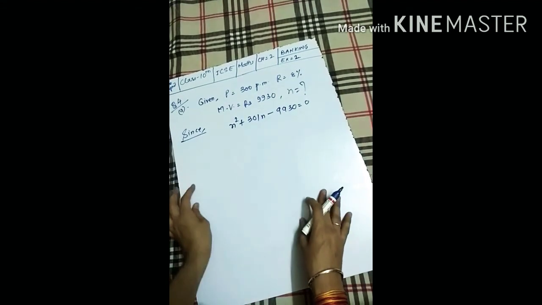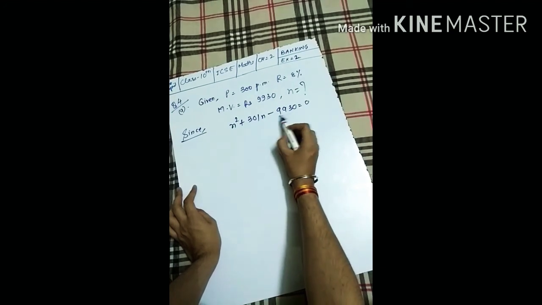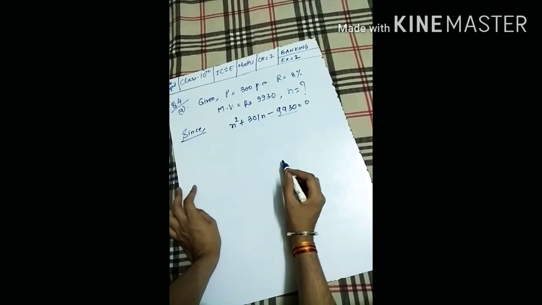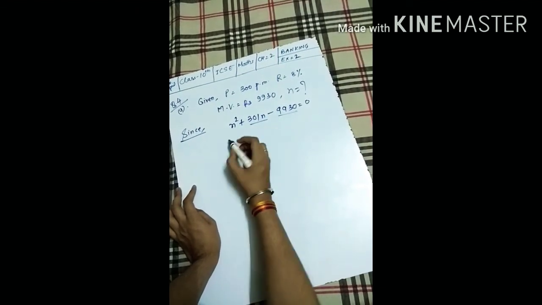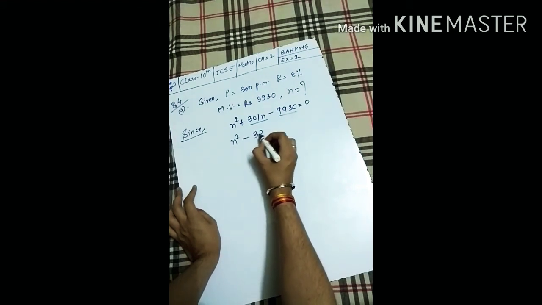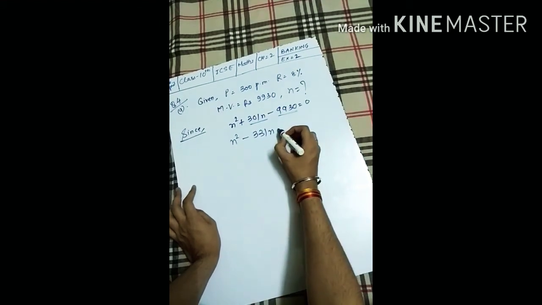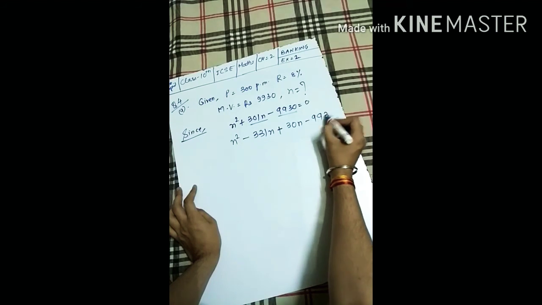Right now, this 301n can be written as plus 331n and minus 30n, and minus 9,930.